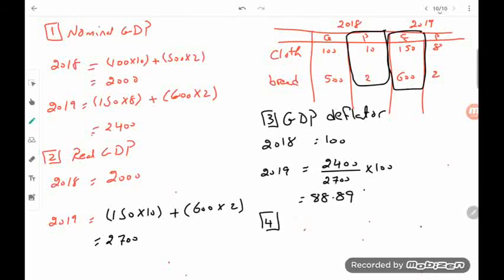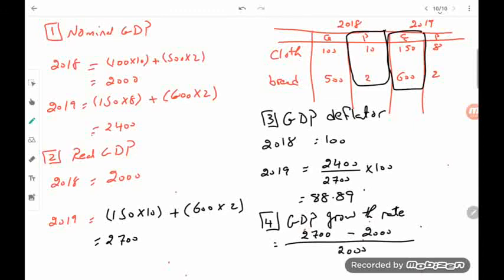Finally, number 4, we have to calculate GDP growth rates. GDP growth rate is calculated as real GDP in the current year, which is 2,700, minus real GDP for the base year, which is 2,000, divided by 2,000, multiplied by 100.